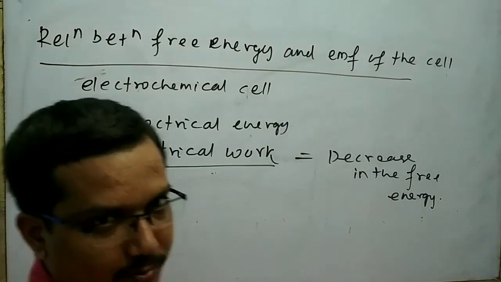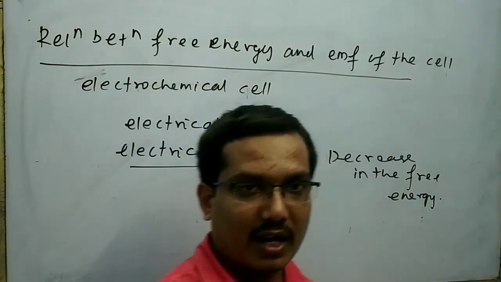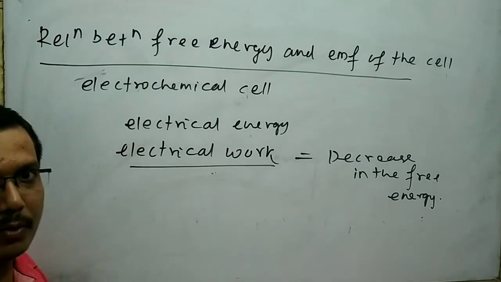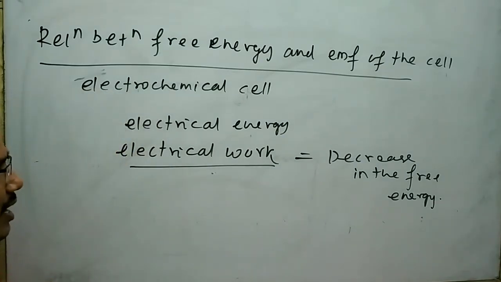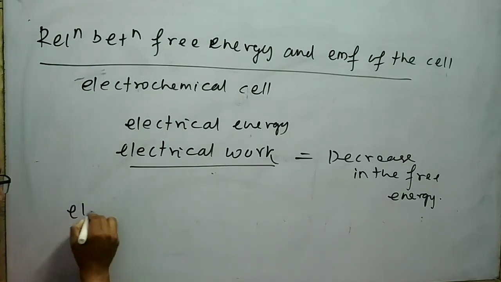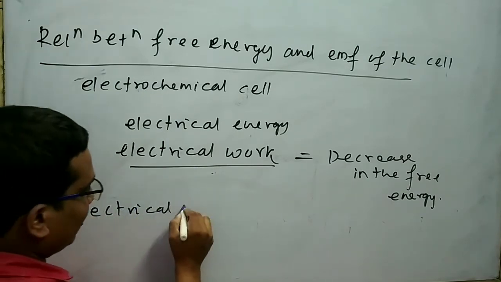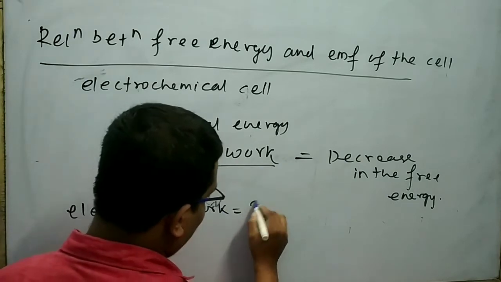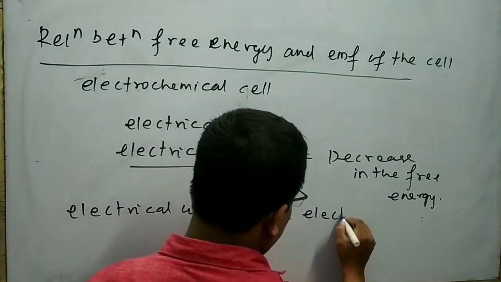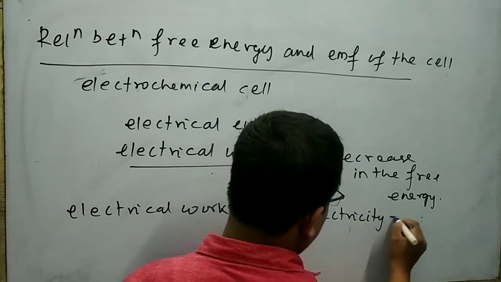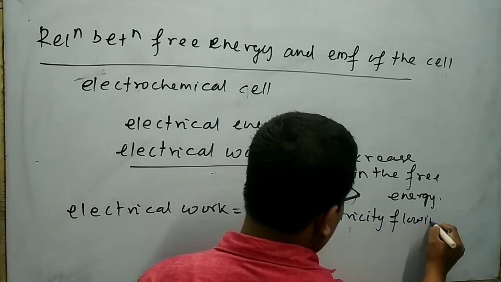The negative value of the free energy indicates that the work is done by the system on the surroundings. So we can think that the electrical work equals the total electricity flowing into the EMF of the cell.